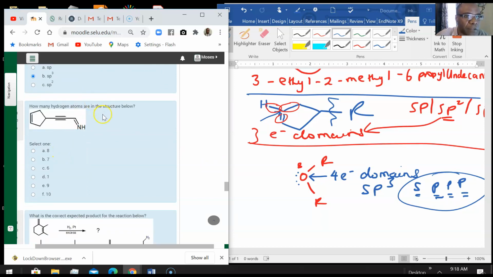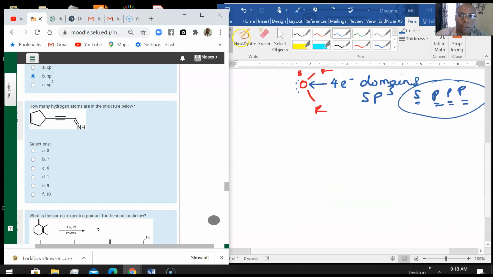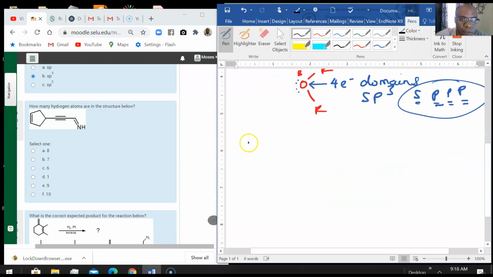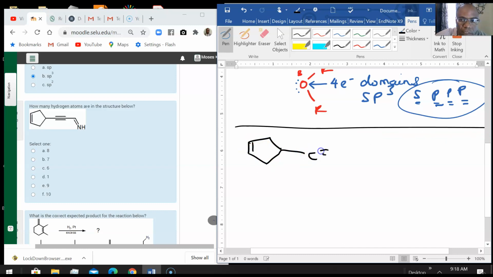How many hydrogen atoms are in the structure below? Okay, with this one I have to draw it out completely. This is one of those questions that was poorly done. You need 4 bonds on this carbon. There's an implied hydrogen. You need 4 bonds on this carbon. There are 2 implied hydrogens.